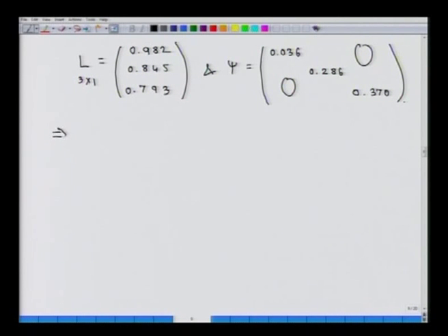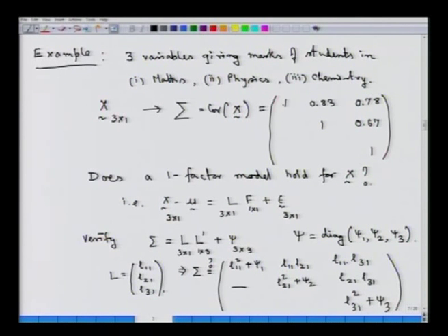So, this will imply, now since we have in the original setup, this is the variance covariance matrix of standardized variables, and hence the covariance matrix is the correlation matrix. So, each of these values, Lij's, L11, L21, L31, each of these now represent the correlation: L11 is the correlation between x1 and f1, L21 is the correlation between x2 and the only factor that is present there.